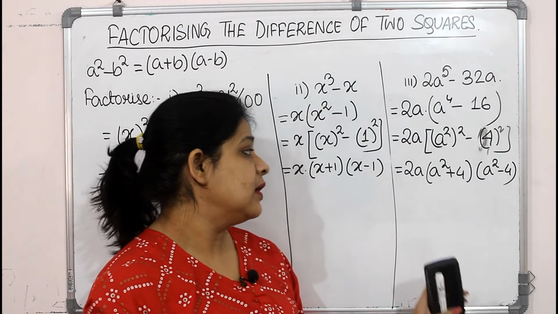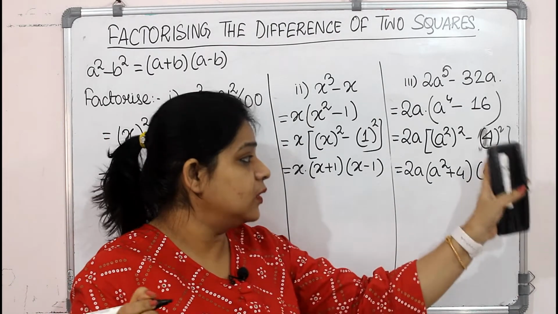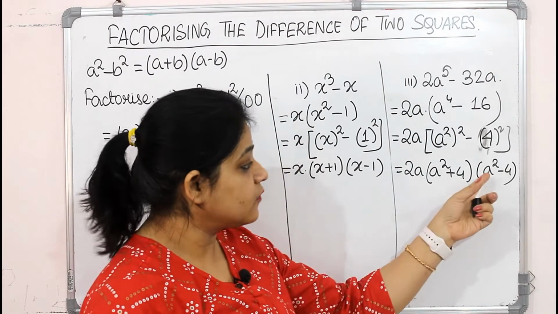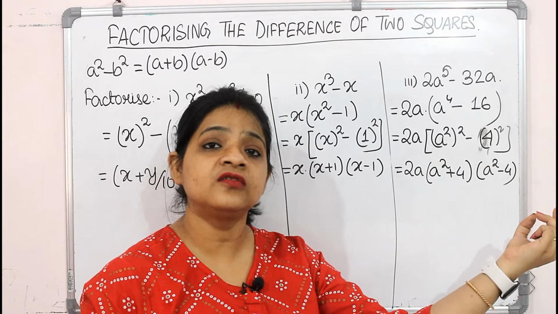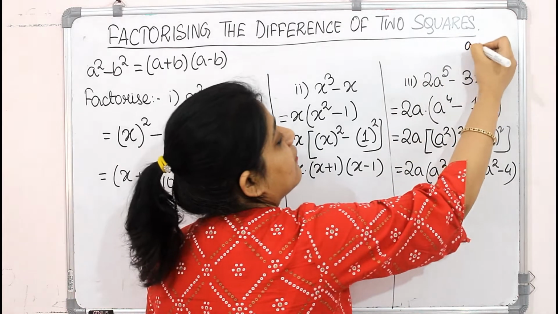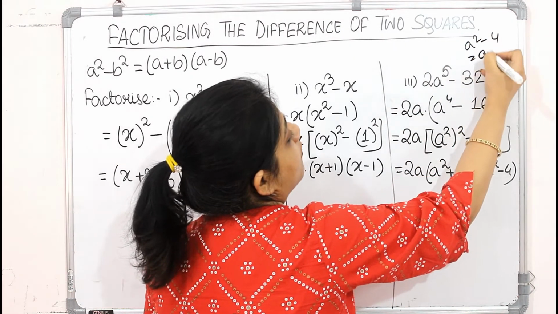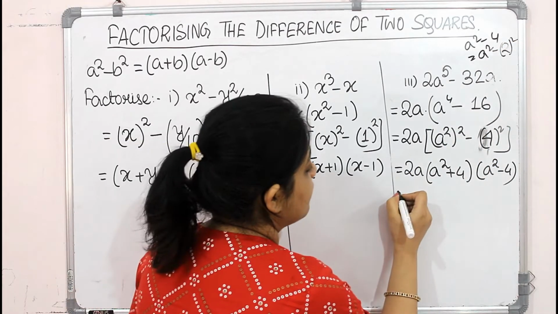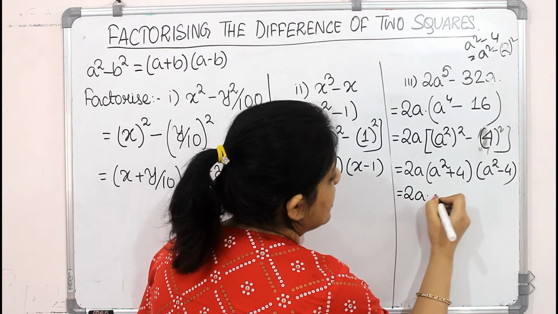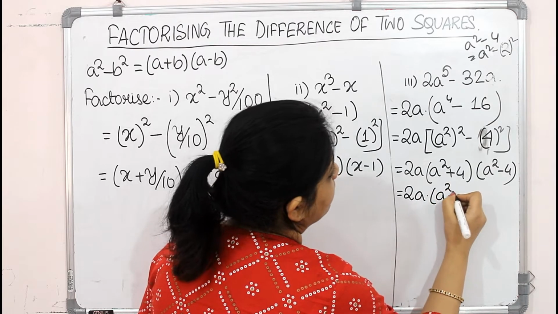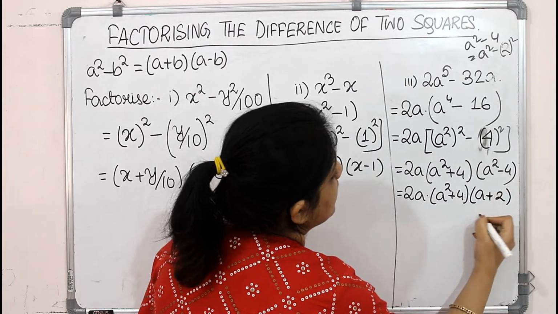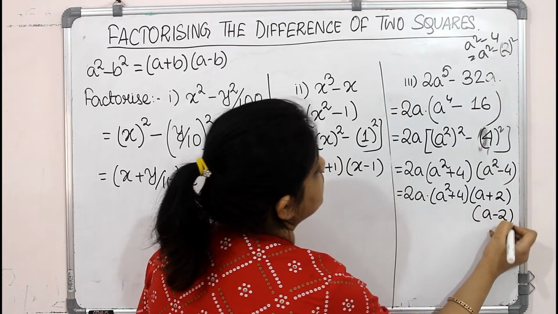Now you see this particular term is also a difference of two squares. a square minus 4 can be written as a square minus 2 square. So we can write this as twice a into (a square plus 4) into (a plus 2) into (a minus 2).